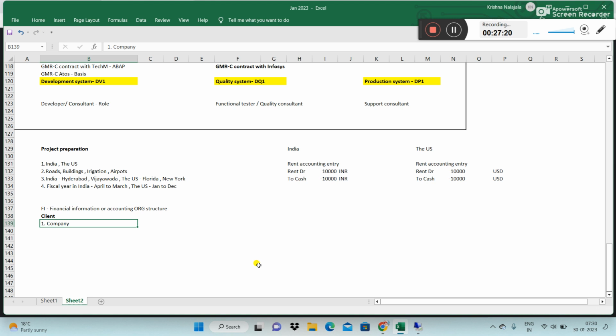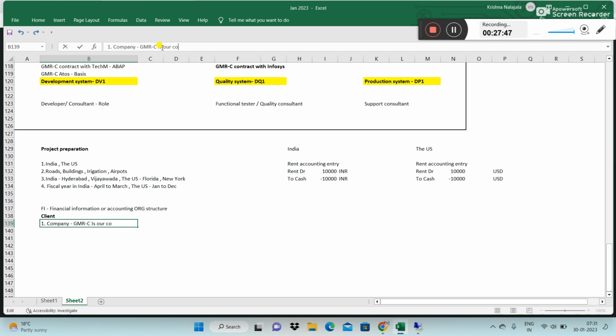What is meant by company? The organization in which we work. In our example, what is the company for whom we are enabling the solution? GMR Constructions. GMR Construction is our company, right?